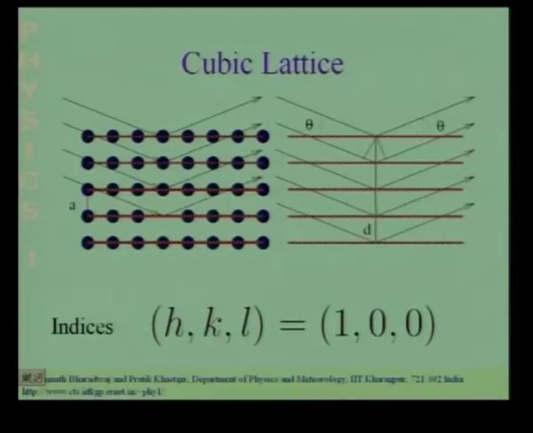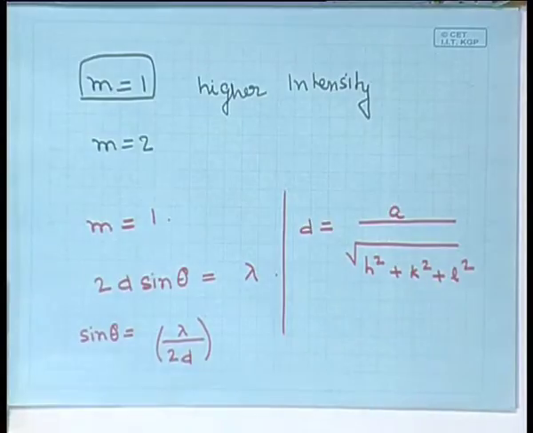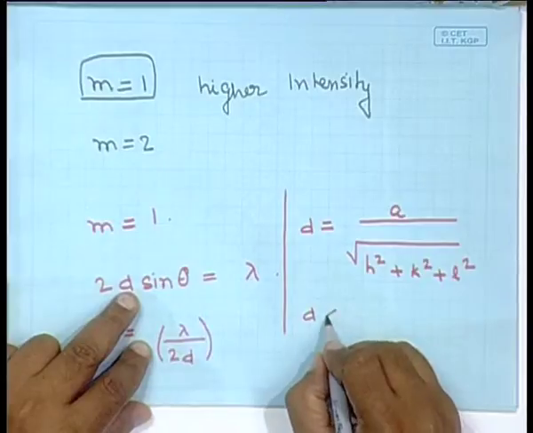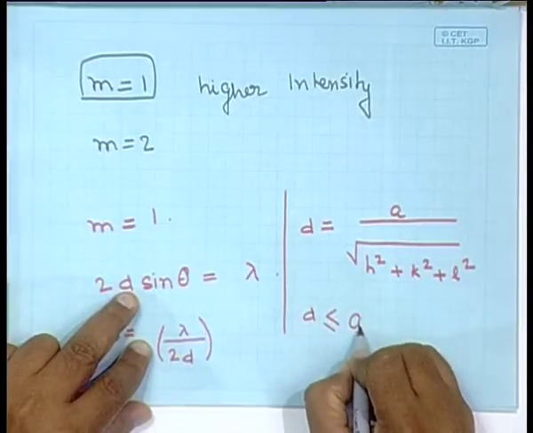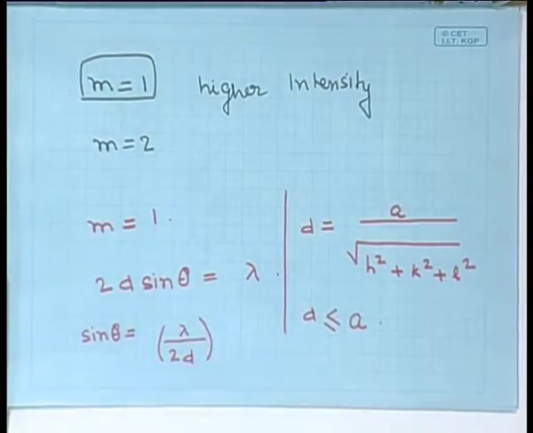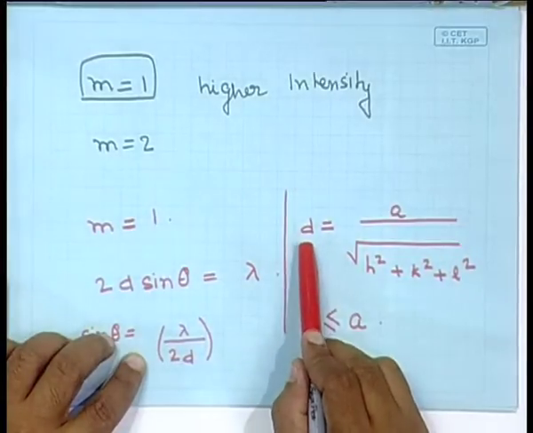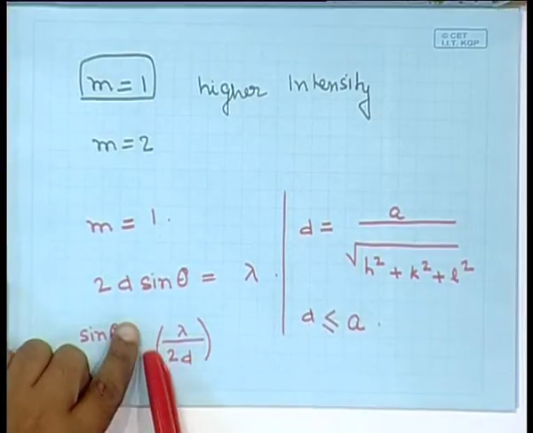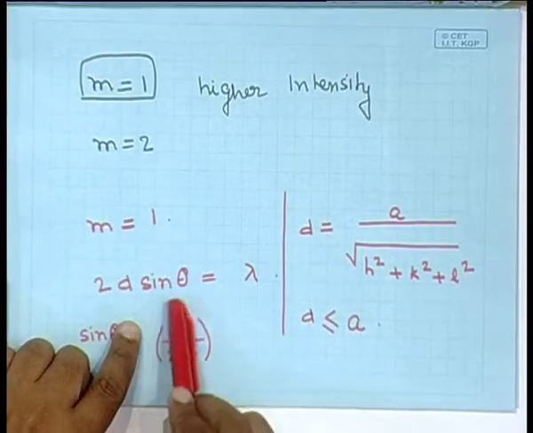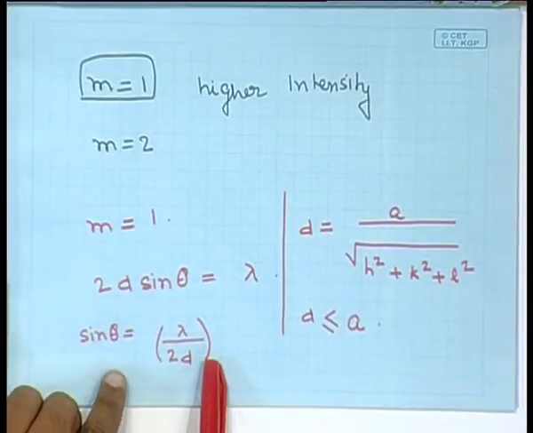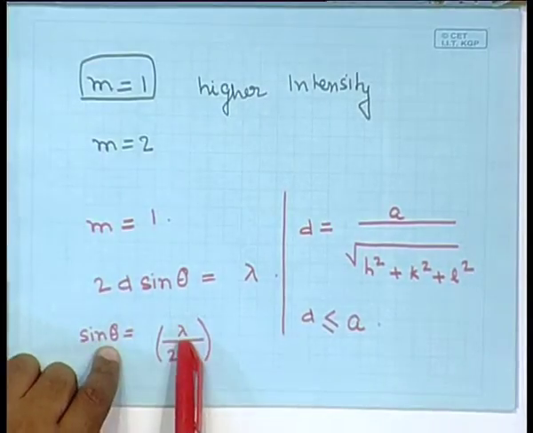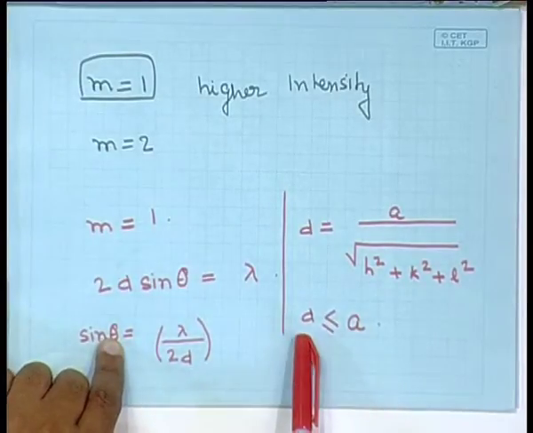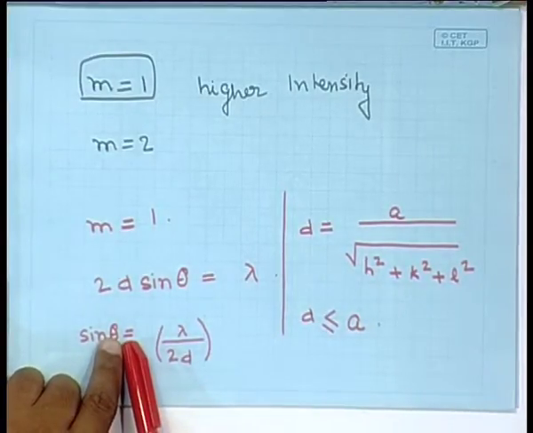The largest value which d can have is d equal to a, and d will be necessarily smaller than or equal to a. Now, if you reduce the value of d, this is going to get larger, and sin theta has to be equal to this. So, theta also will have to be larger. Smaller value of d means larger angle theta.